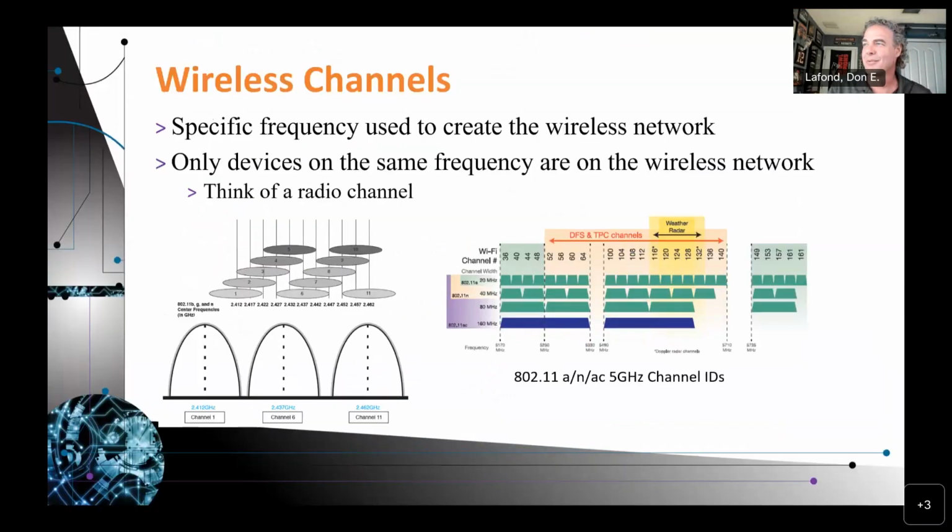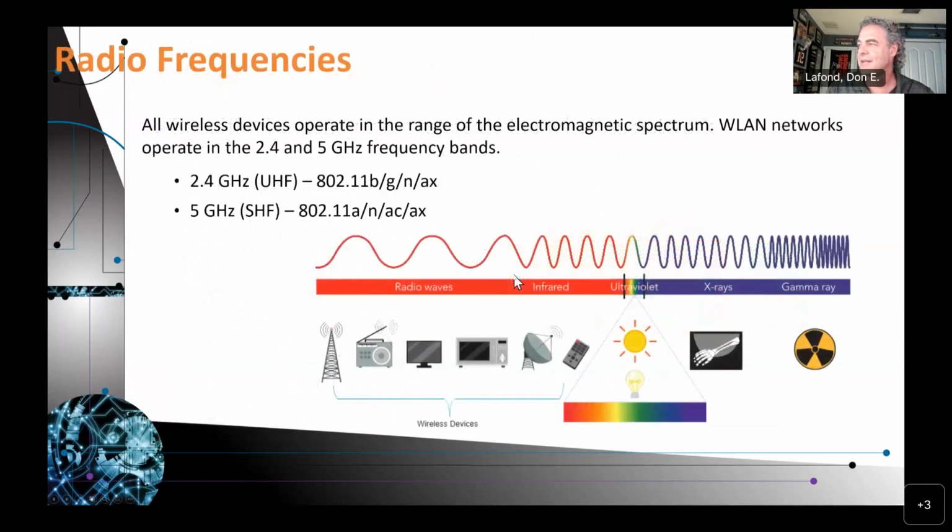I got a couple more slides that will help. So this was the 5 gigahertz channel IDs, but it's really hard to understand. All they're trying to say there is we operate in this range of the spectrum, whether we're dealing with 2.4 at the lower end, including your microwave, and then the infrared, then the higher 5 gigahertz. And obviously we're not in x-rays when we're talking about communications.